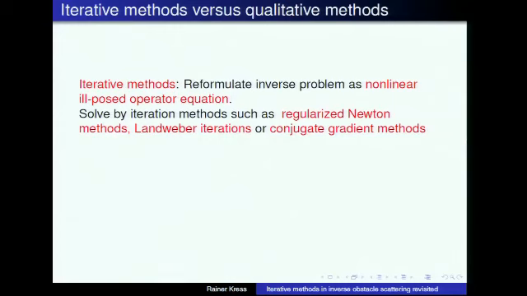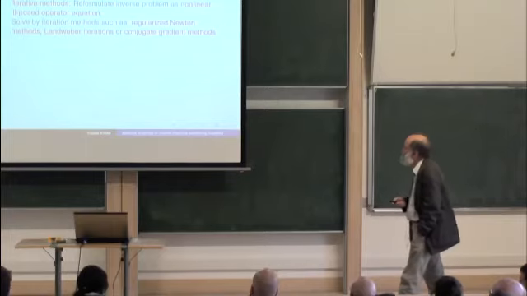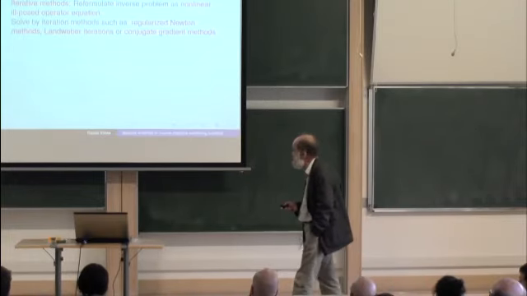There are iterative methods, and they reformulate the inverse problem as a nonlinear ill-posed operator equation or as a least squares problem. And then they solve this by iteration methods, which have to take into account that the problem is ill-posed. So you use regularized Newton-type iterations, Landweber iterations, or conjugate gradient methods.